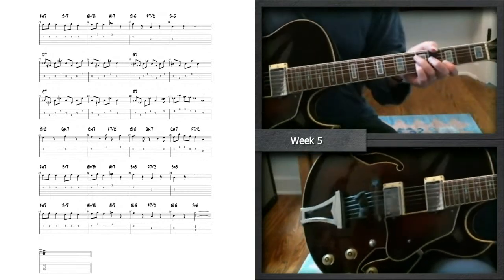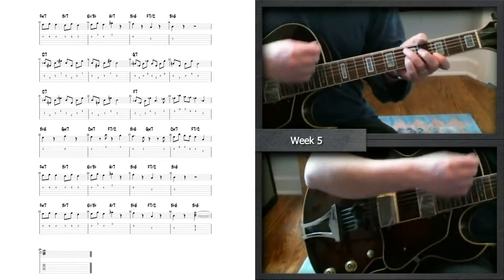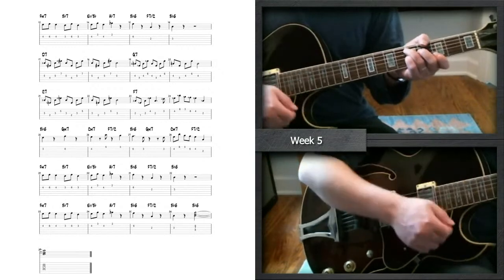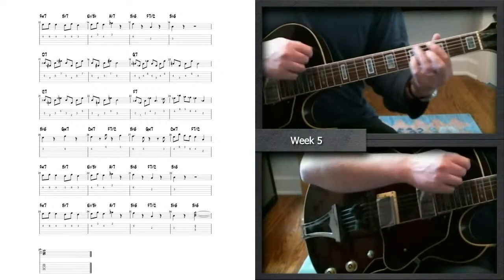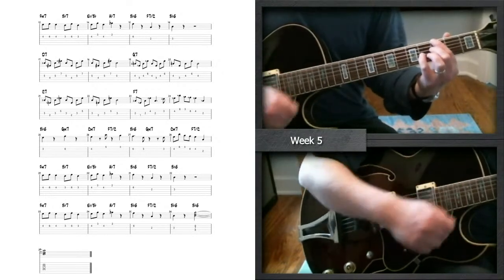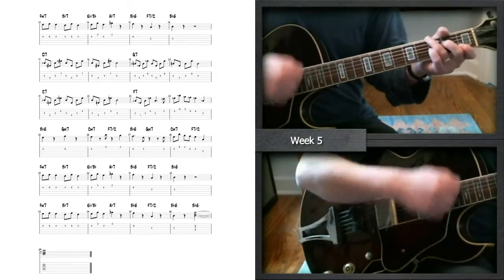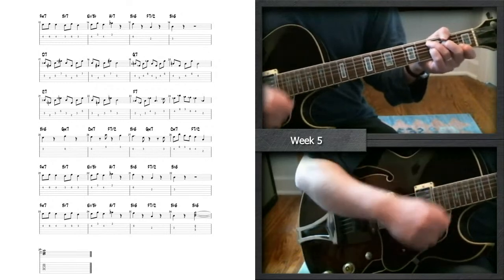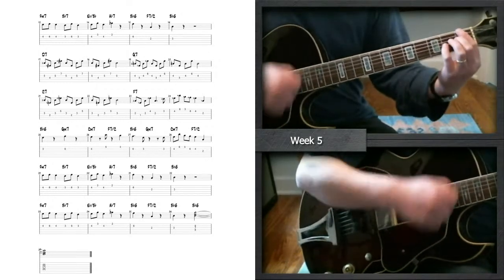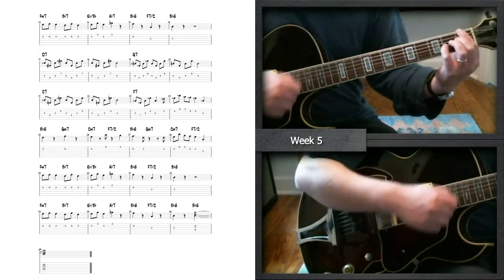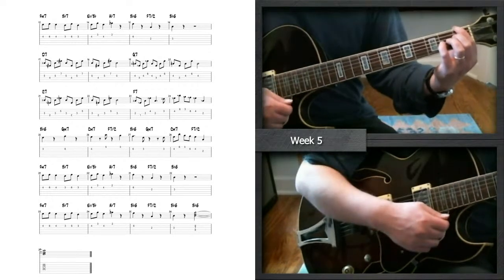So the bridge, you have 2 bars of D7, G7 for 2 bars, C7, F7. Right?